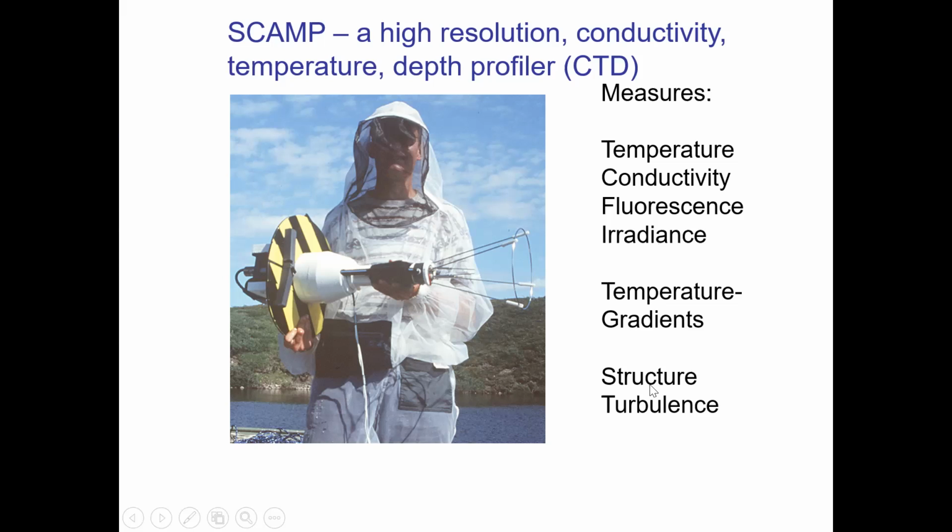And that allows us to calculate the amount of turbulence. This instrument samples at 100 hertz. The Rockland is at 540. CTDs will sample anywhere from 6 hertz to maybe 25. Anyhow, it means that you get really good resolution through the water column. And this data complements what you have with your array, because you might not be able to be in the field taking data all the time.